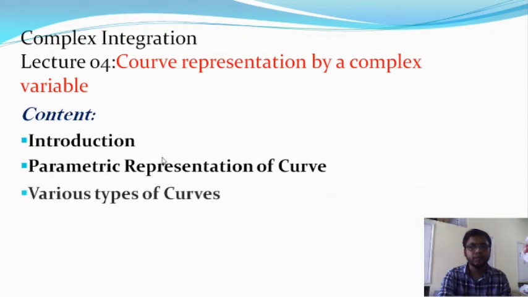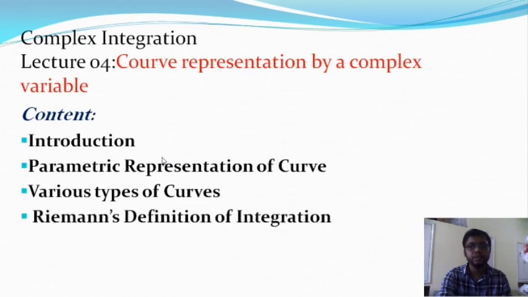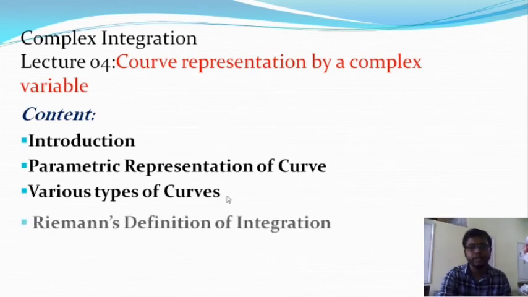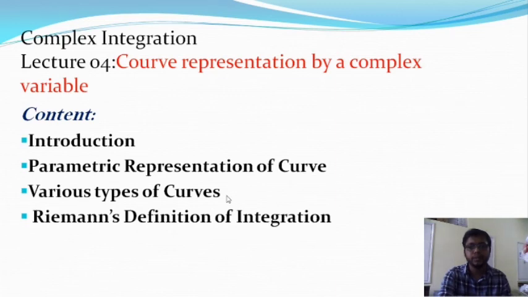Then we'll go for the various types of curve. In this section we'll study closed curve, simple curve, piecewise curve, etc. After that we are going to discuss the Riemann definition of integration.